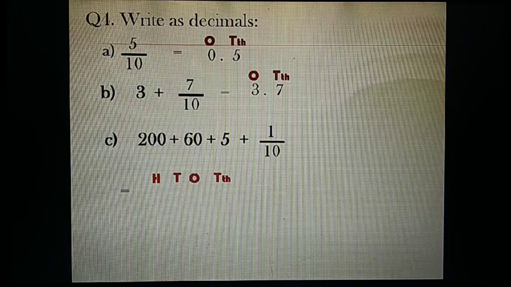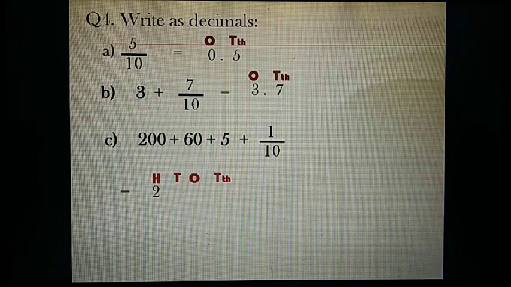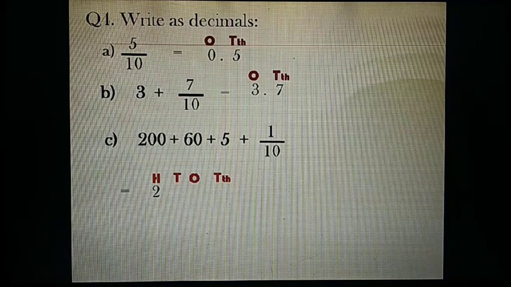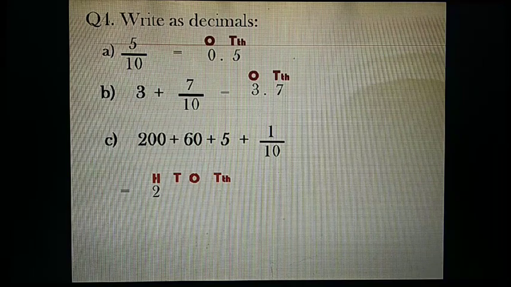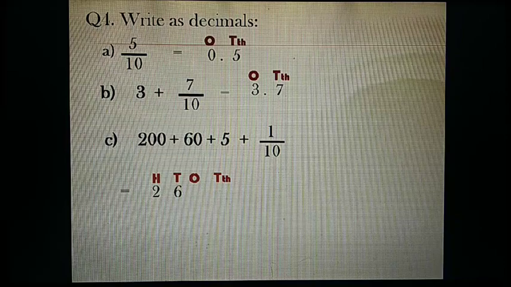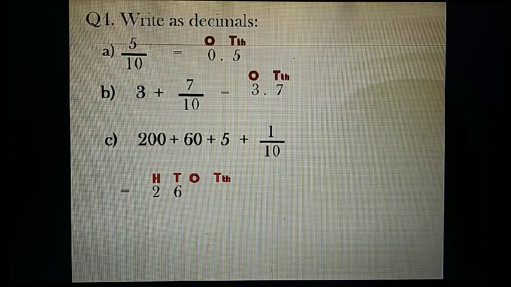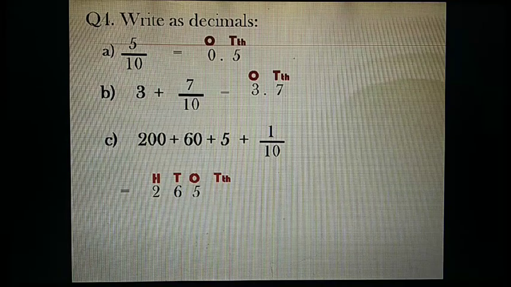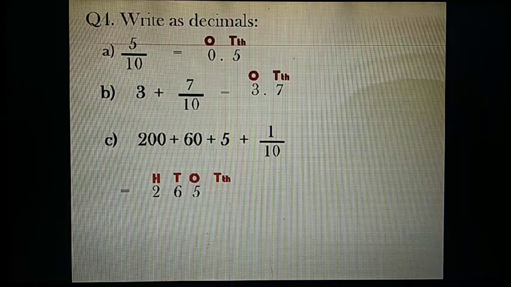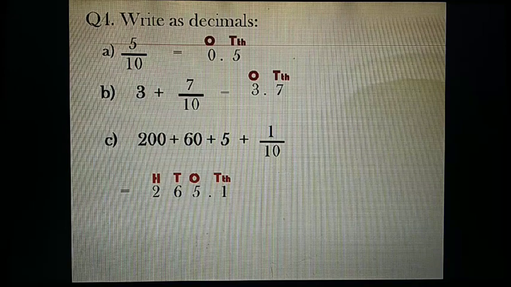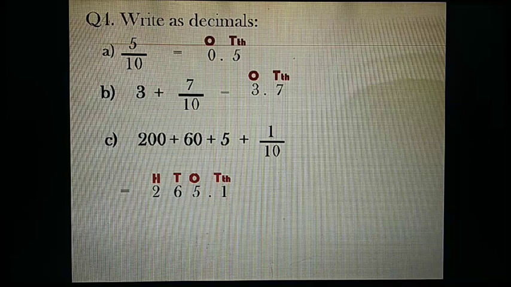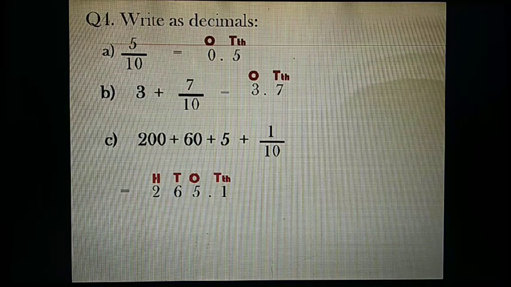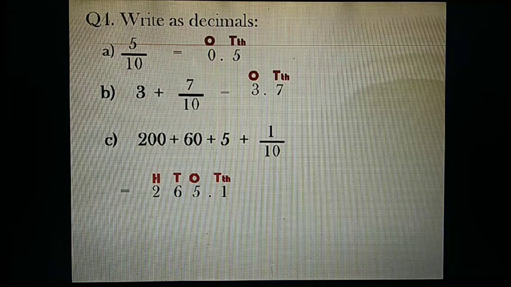Now 2 is with 2 zeros, which means 2 is in the hundreds place. 6 is with 1 zero, means 6 is in the tens place. 5 is with no 0, it means 5 is in the ones place. 1/10 means 1 is in the tenths place. Point between 5 and 1. Answer is 265.1.